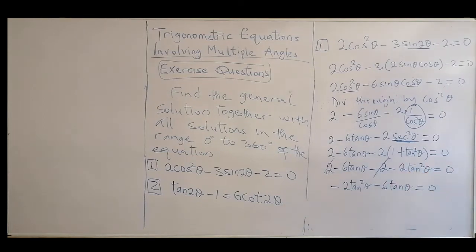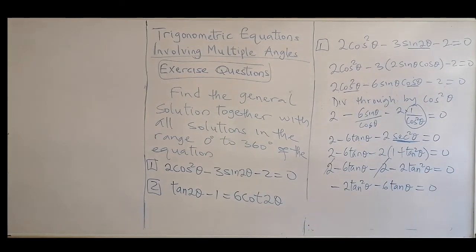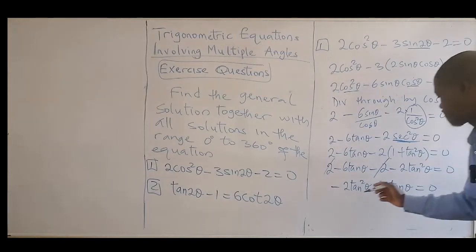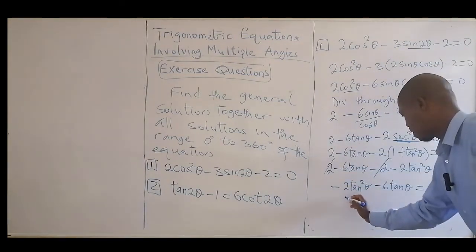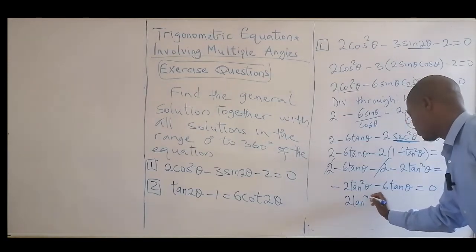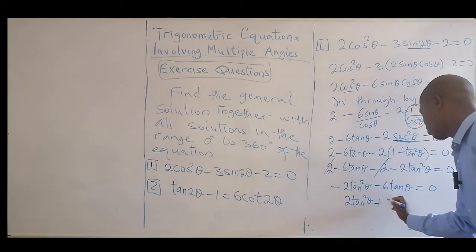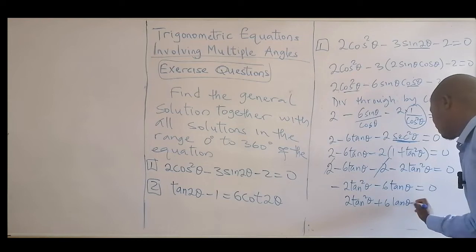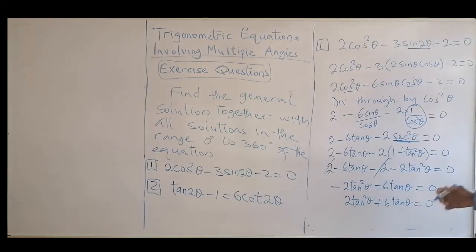We can multiply through by minus 1, and the choice is ours. So we have 2 tan squared theta plus 6 tan theta, and we can also divide through by 2 if you like.